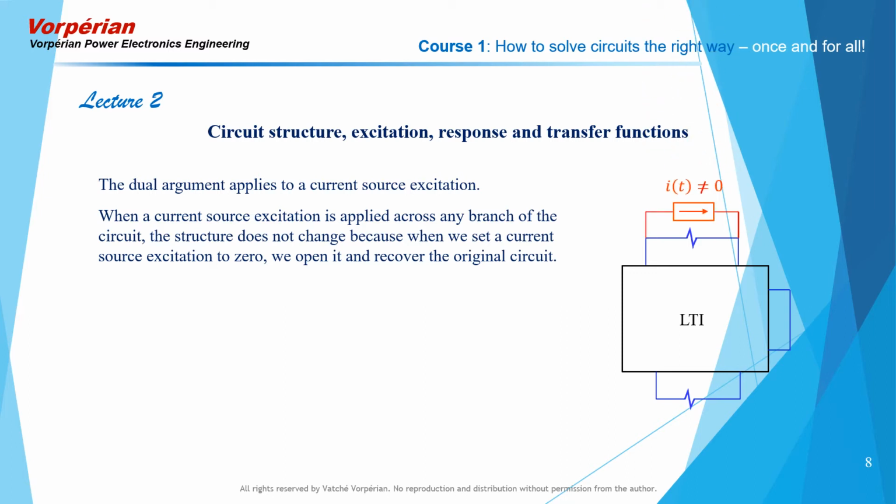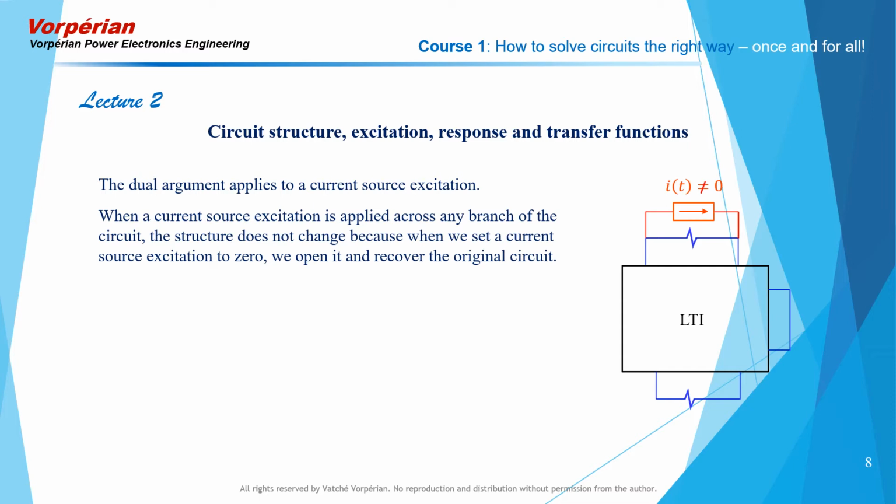And here it is, I am applying a current source directly across the top branch of the circuit. The circuit gets excited. I can define all kinds of transfer functions from this applied current source to different voltages and currents inside the circuit, get all kinds of different transfer functions, and they will all have the same denominator.